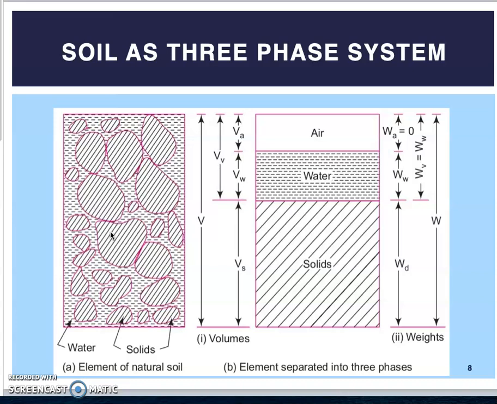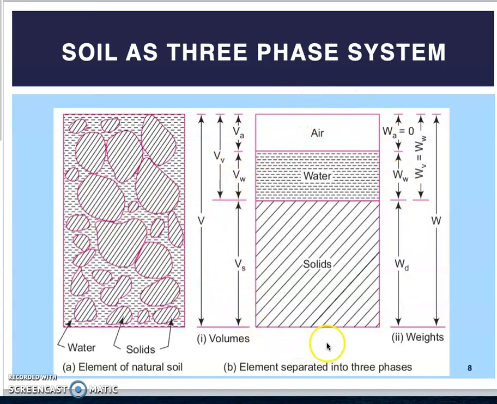Then a little bit of the volume will be occupied by water. Now apart from solids and water, there will also be air entrapped in between the different void spaces. Now all this has been pictorially represented over here.